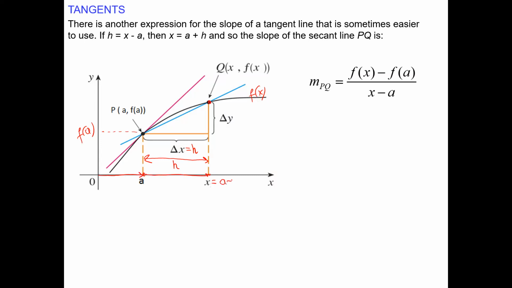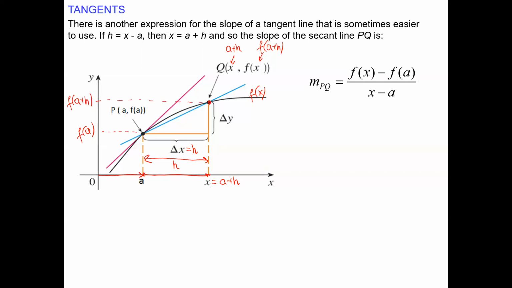If x is a plus h, then the value will be, respectively, not f of x but f of a plus h. That means this is f of a plus h.